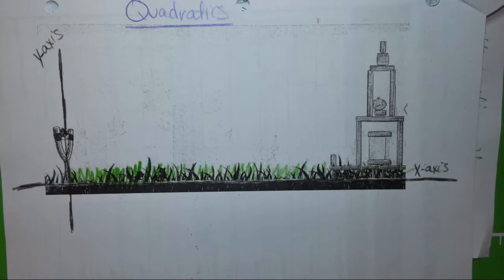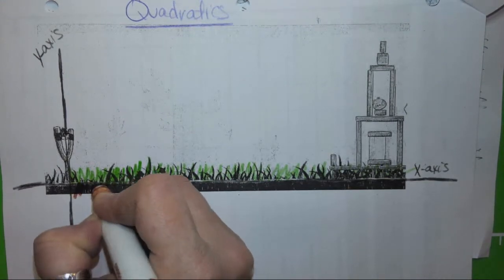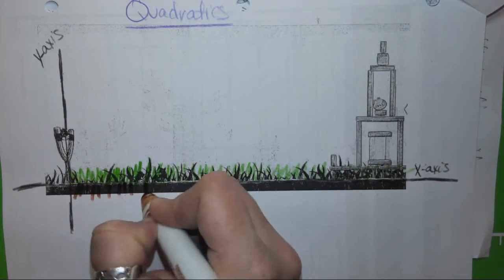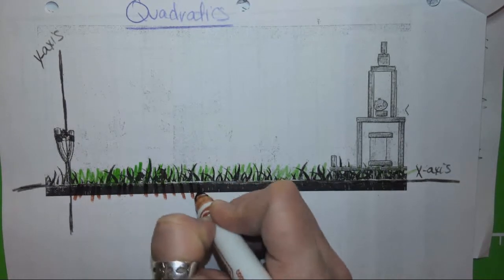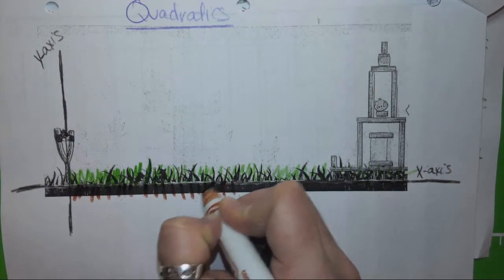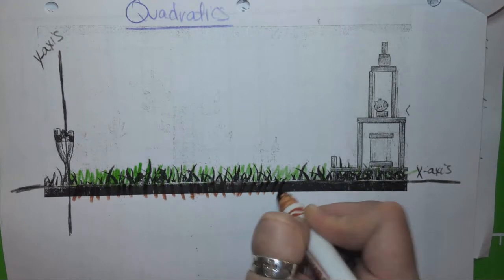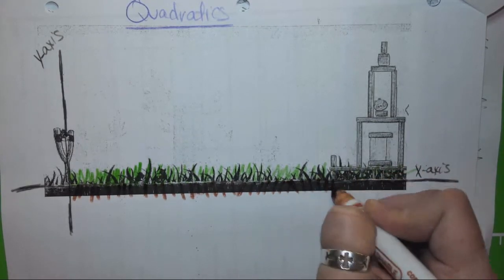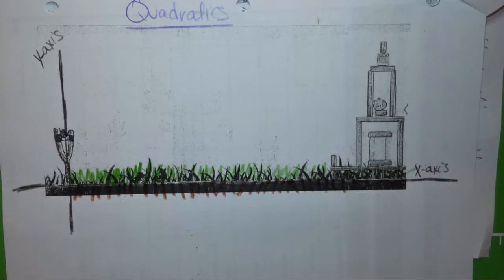Roots. So let's draw some roots. And that is handy to remember because any place that your graph intersects that axis is a root.